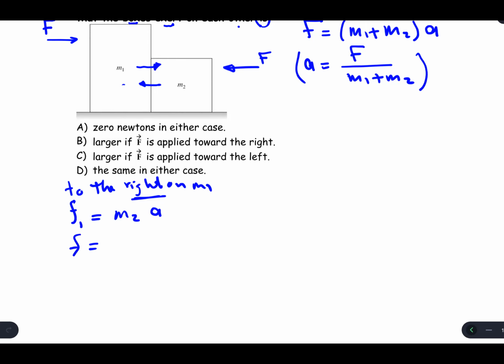So F1, to the right, equals M2 times F over M1 plus M2. Put in your mind M2 is small.